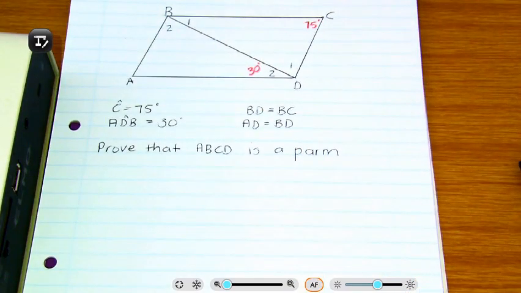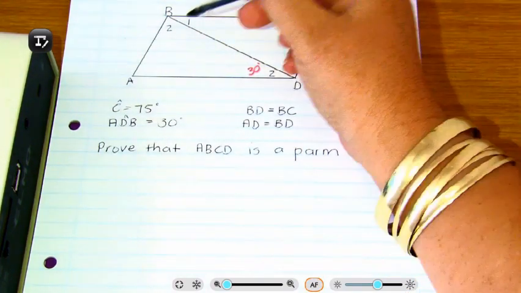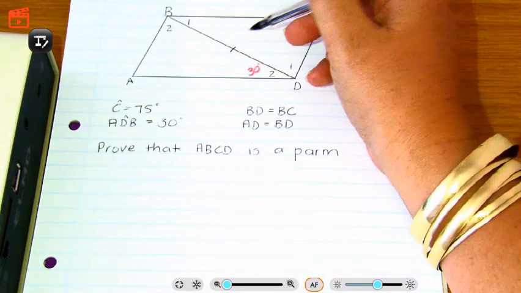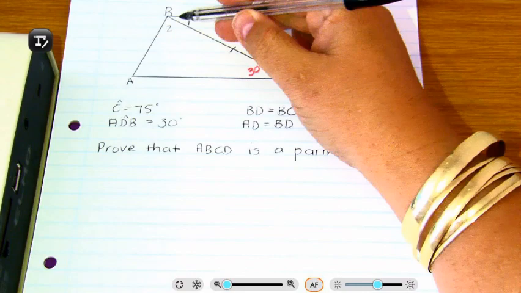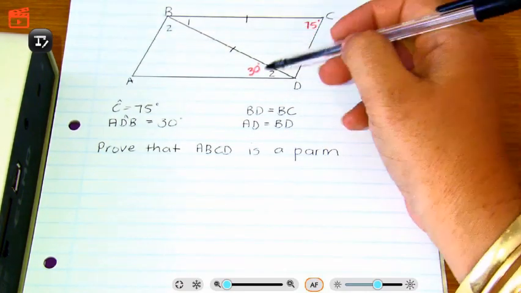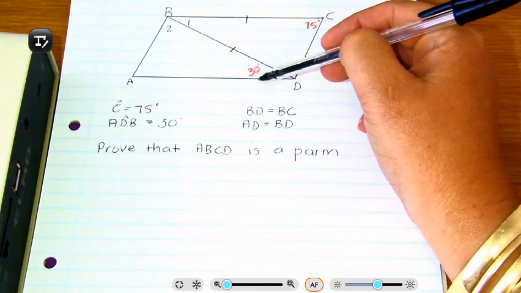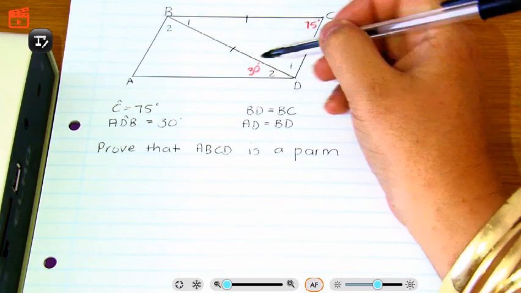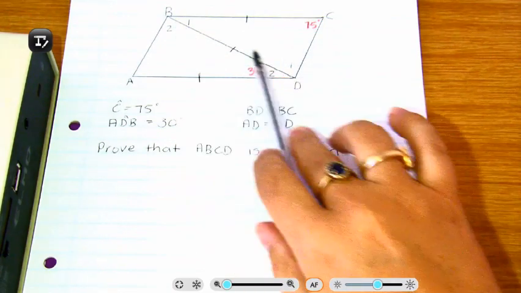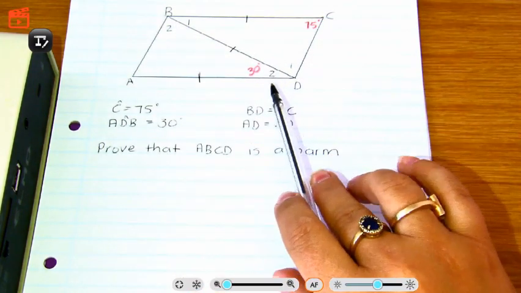They tell us that BD, so the diagonal, is equal to BC, which is our top line there. They also tell us that AD is equal to BD.